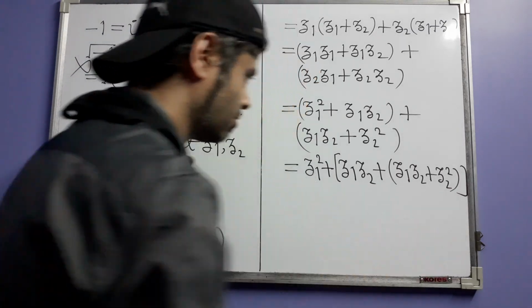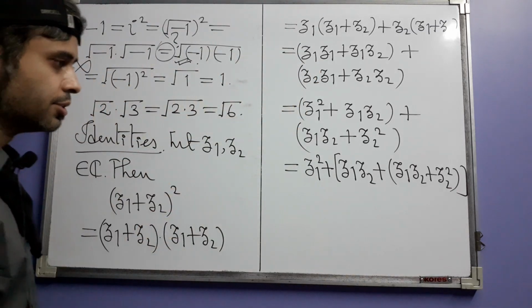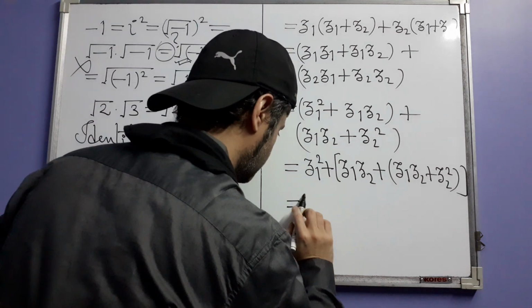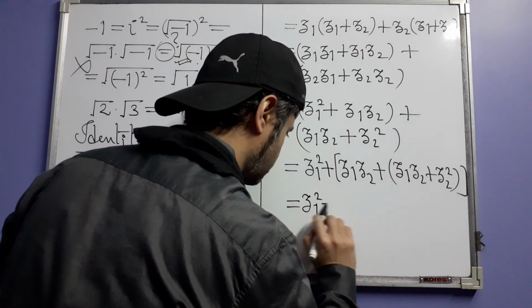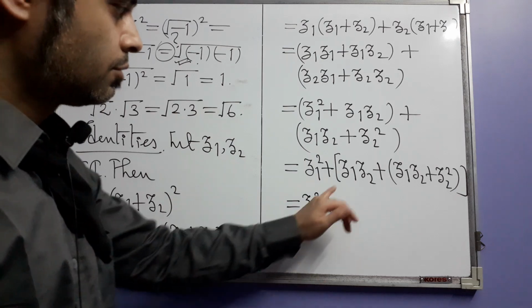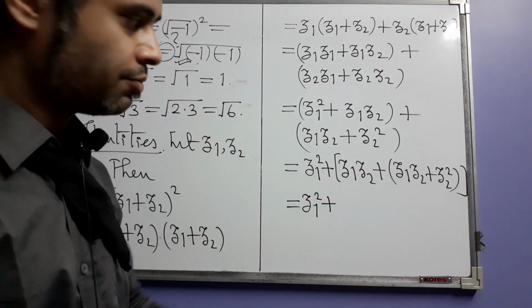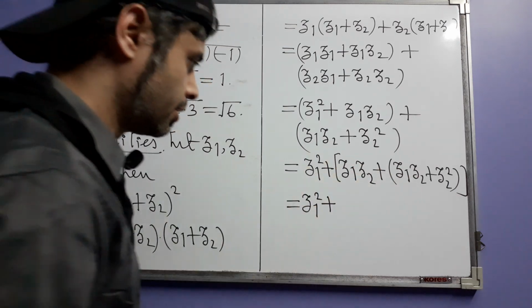The associative law for complex addition has been used here. Once more you apply the associative law to bring this and this together.